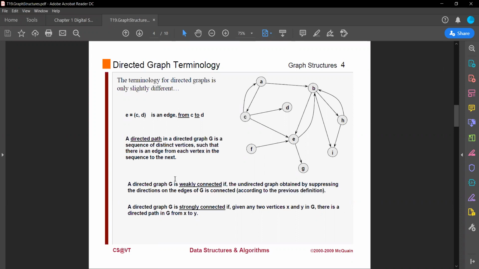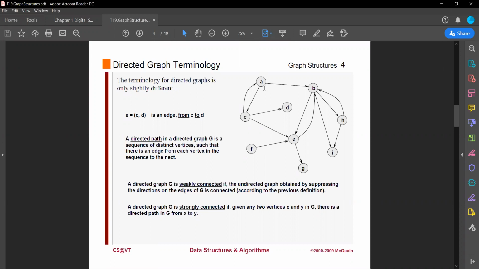A directed path in a directed graph G is a sequence of distinct vertices such that there is an edge from each vertex in the sequence to the next. So if I ask, is there any path from A to I?